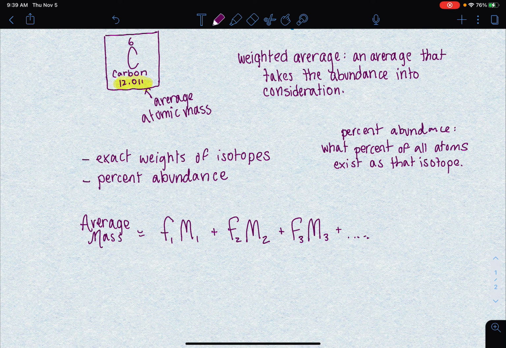So I have it written out here for 3 isotopes. If you had fewer than 3, then you wouldn't have to go all the way out to 3. If you had more than 3, then you would continue this equation for however many you actually had.